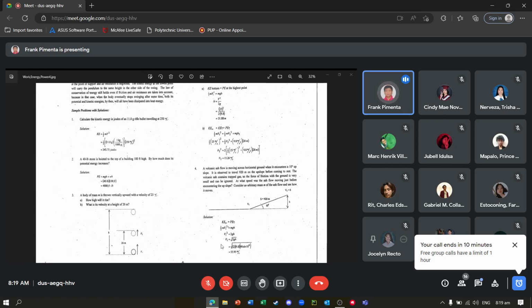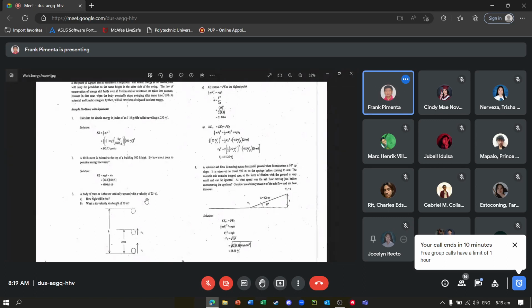So MKS is the system of units, so we use g equals 9.8 meters per second squared. That's the value of gravitational acceleration.